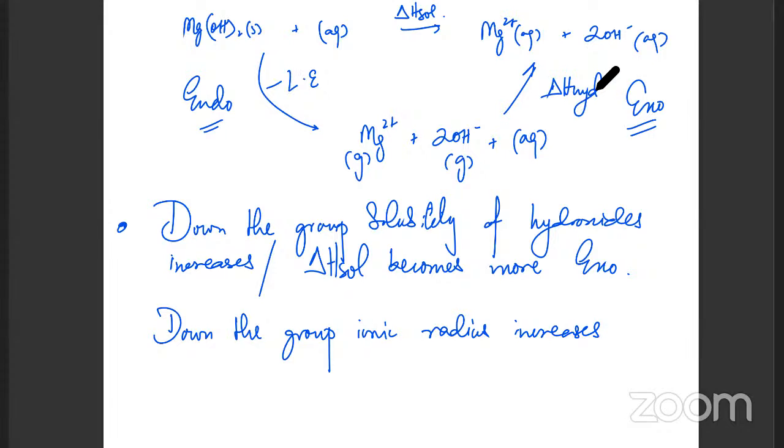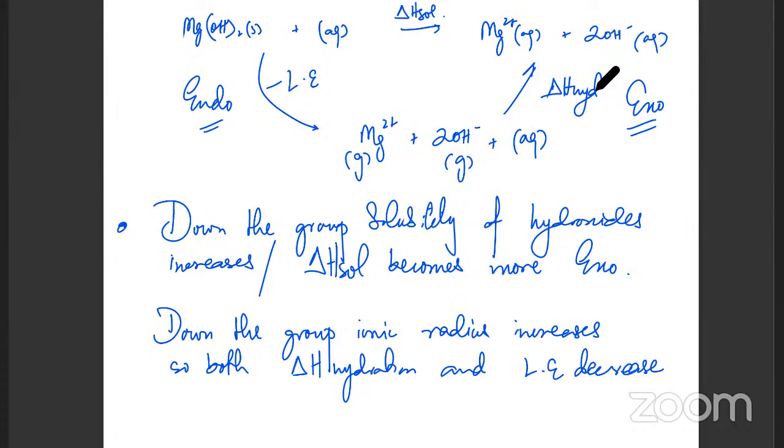So down the group, ionic radius increases. So both delta H hydration and lattice energy decrease. And since they both decrease, but we've already stated that the enthalpy of solution becomes more exothermic, the exothermic part decreases less. It's relatively bigger, and the endothermic part decreases more.